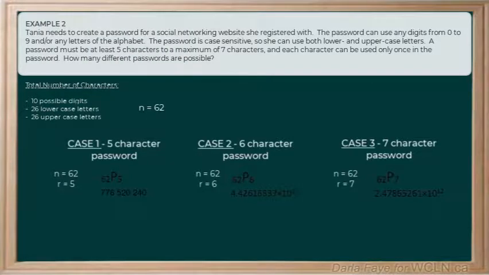So our job here is to add up each of these scenarios to figure out the total number of possible passwords. You can see here that the final number is a really, really large number. I've written it in 2 different ways, out in its full standard notation, and then I've written it in scientific notation. That's 2.5 trillion possible passwords.